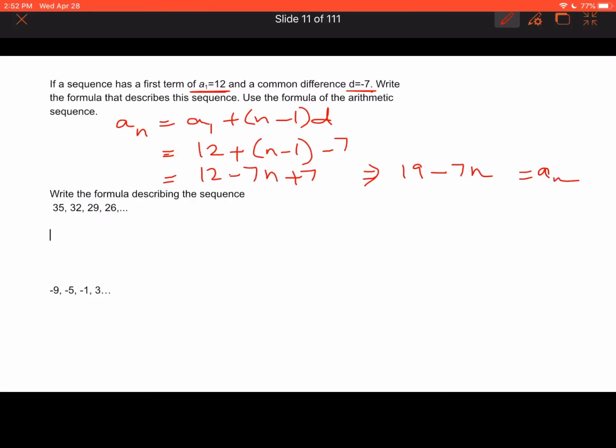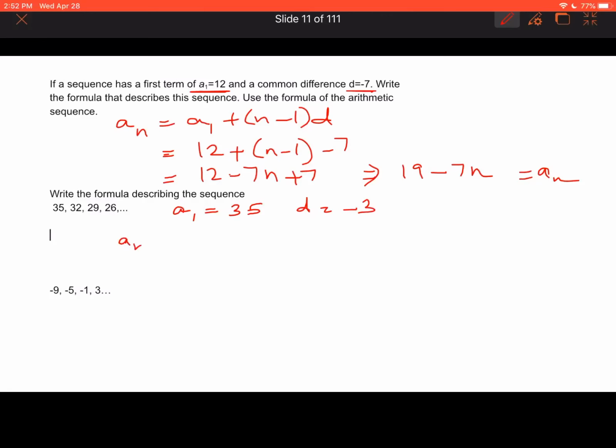Okay, so like that we can write the formula for this sequence also. Here they have given the sequence instead of giving you the numbers directly. So we have to find the first term, like a1, the value of a1 is 35 and the value of d is 32 minus 35, which is negative 3.